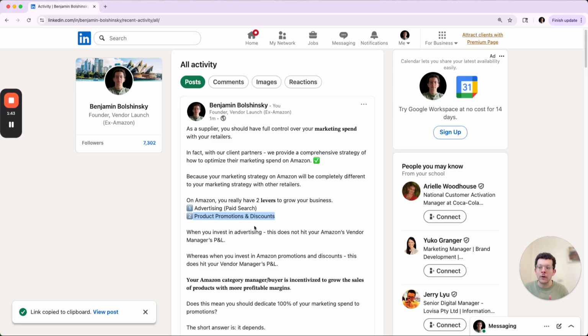It hits their P&L, right? Whereas with advertising, paid search, in most cases that money does not hit your vendor manager or category manager or buyer's P&L. So really you have to understand where everyone's incentives lie.